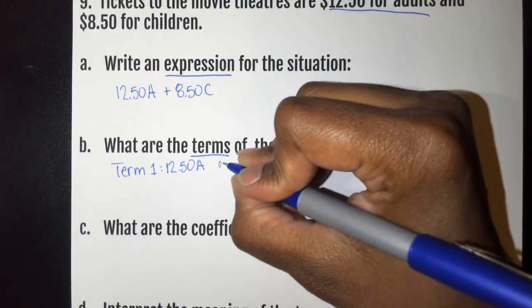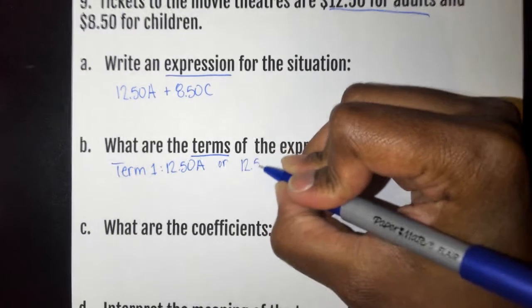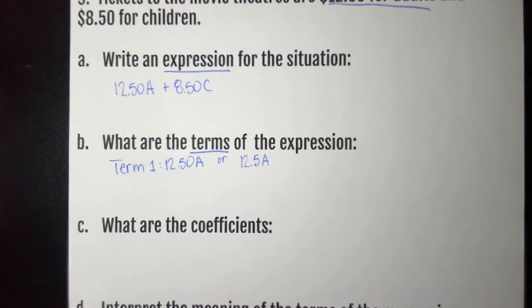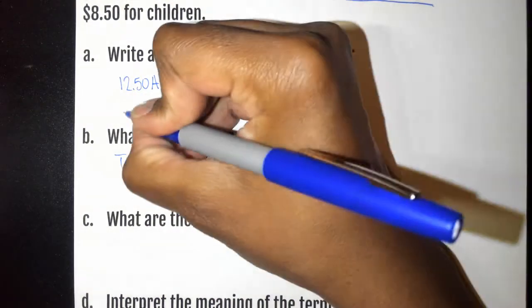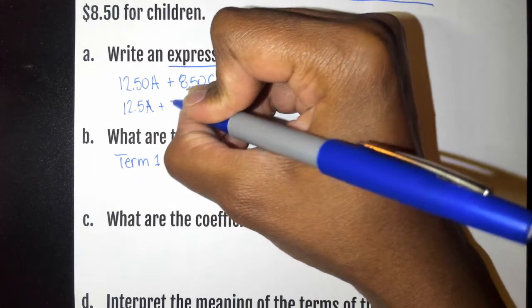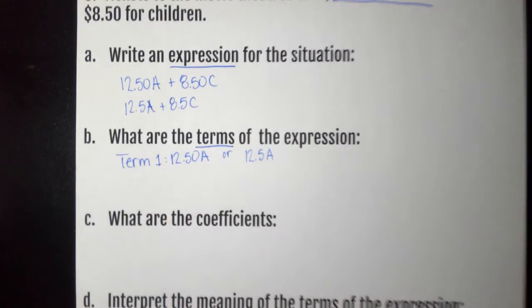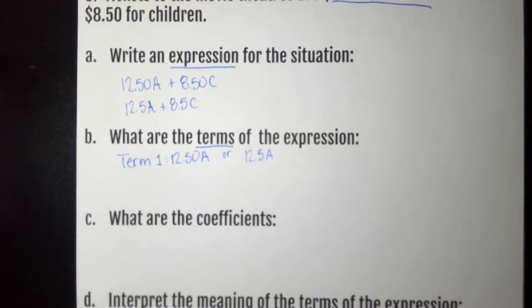I could have written that also as 12.5A, because we do not need the 0. You could have also written this as 12.5A plus 8.5C. You do not need the 0. It is not necessary.